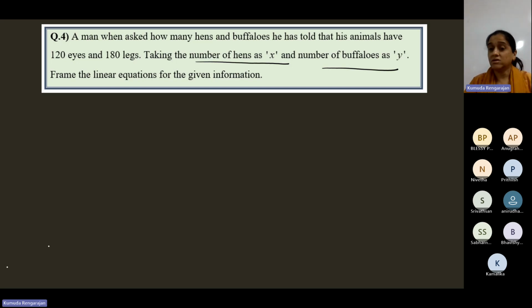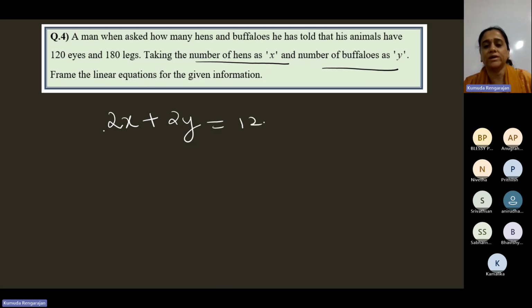X hens, two X eyes. One buffalo, two eyes. Y buffaloes, two Y eyes. The number of eyes of the hens plus the number of eyes of the buffaloes is equal to a total of 120 eyes.